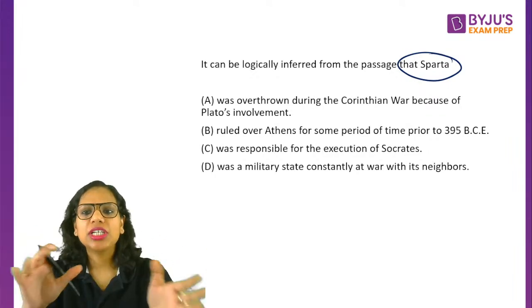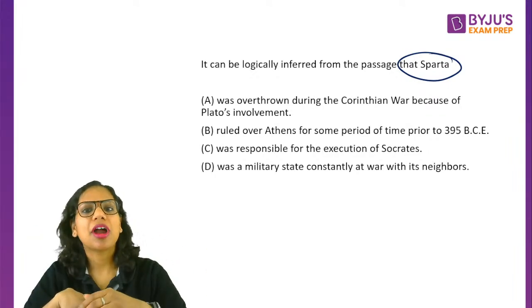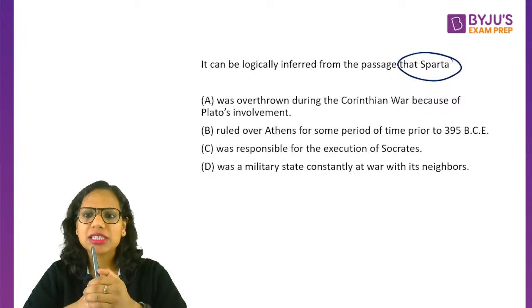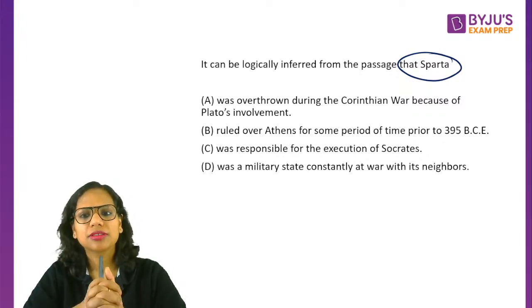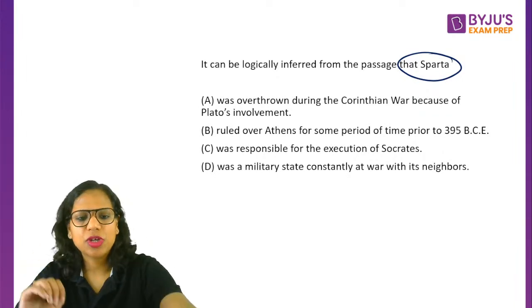It can be logically inferred from the passage that Sparta. Okay, something about Sparta. Read the options once. Can you eliminate one of the options here? One of the options can be very easily eliminated here. Which one is that?